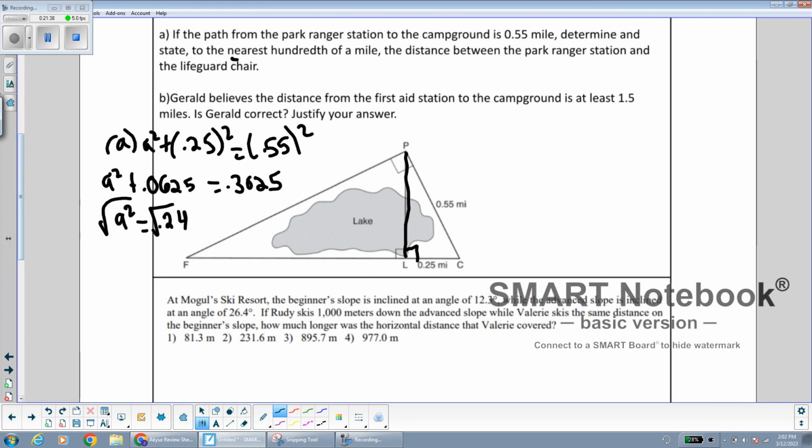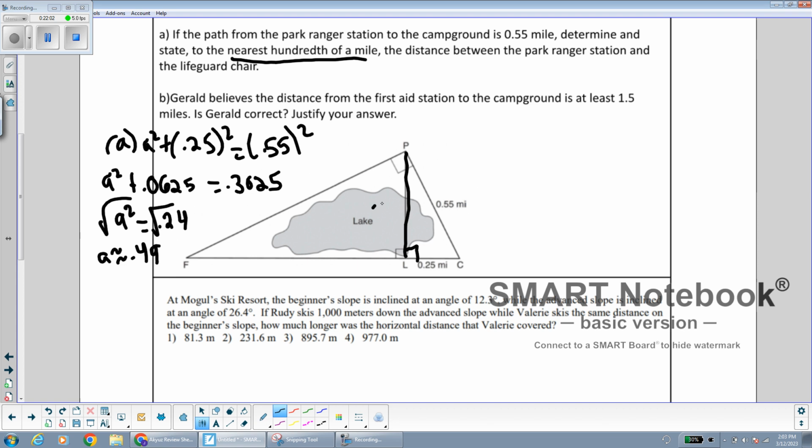And it does say to round to the nearest hundredth of a mile. That's 2 decimal places. So on my calculator, I'm going to square root 0.24. And to 2 decimal places, I got A is approximately 0.49. It rounds up.